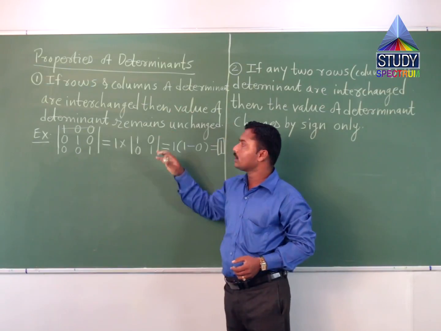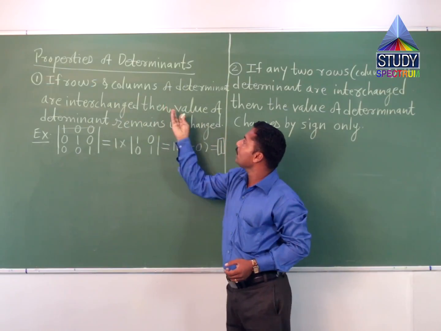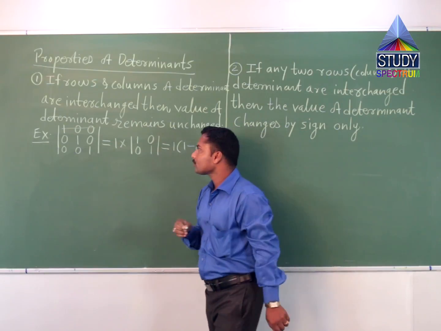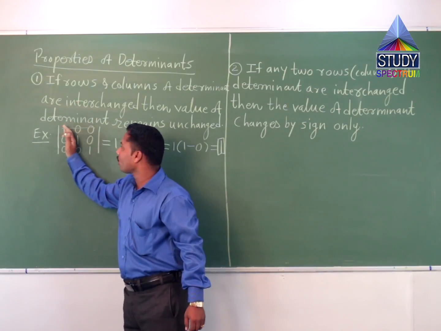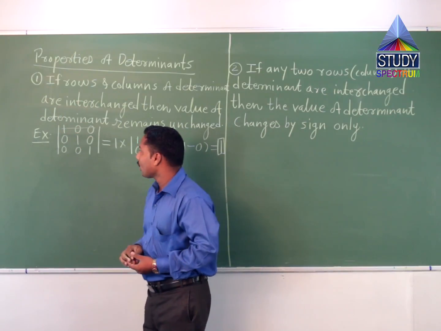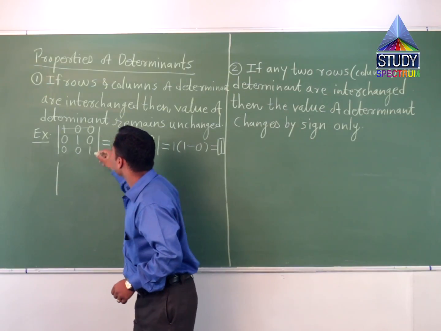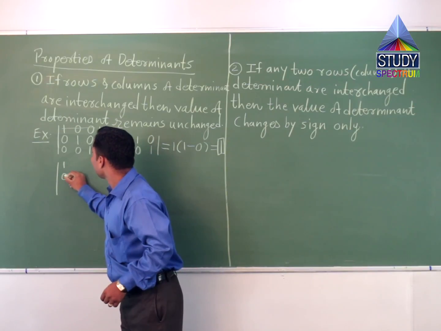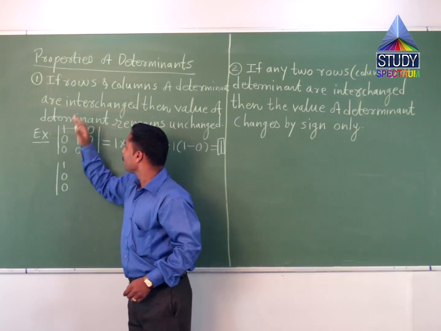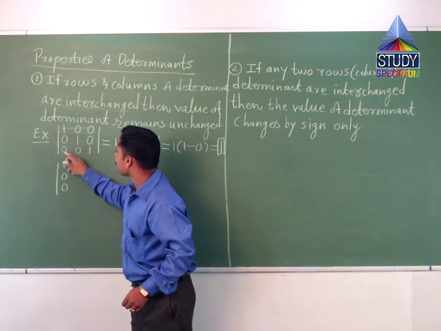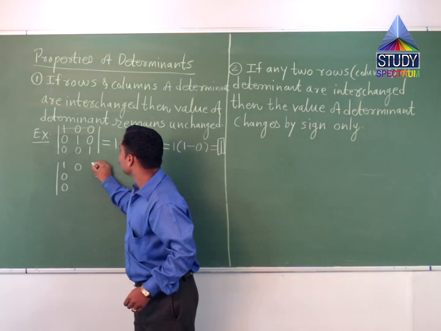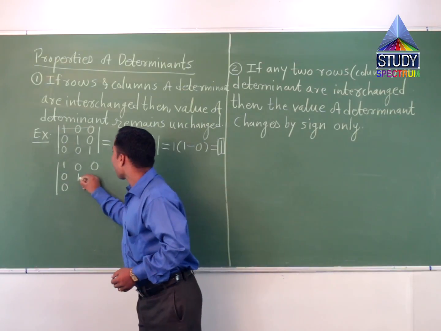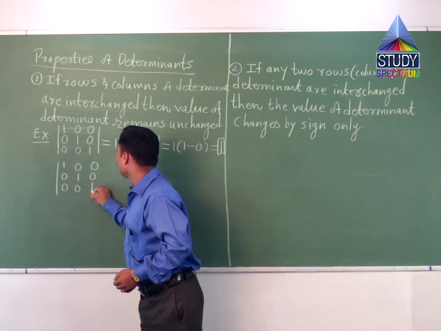But we want to check this also. If the rows and columns of this determinant are interchanged, what happens? Suppose the first row becomes the first column and the first column becomes the first row. We check. The first row becomes the first column, so 1 0 0, and the first column becomes a row, so 1 0 0, the remaining numbers as they are, 1 0 0 1.